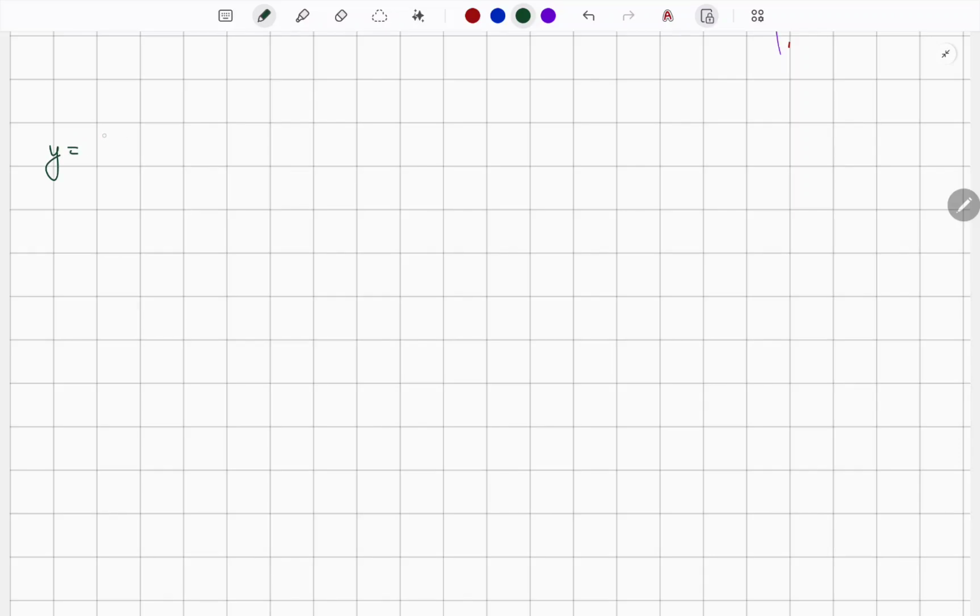Y equals, let's say, x minus 3 divided by 2x minus, I don't know, not minus 3. Okay. So let's answer the same three simple questions. First, denominator is equal to 0. So it follows that x equals 3 over 2, and it gives us a vertical asymptote.